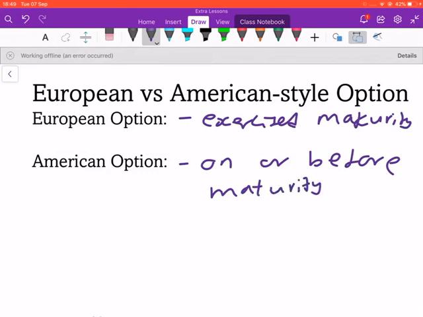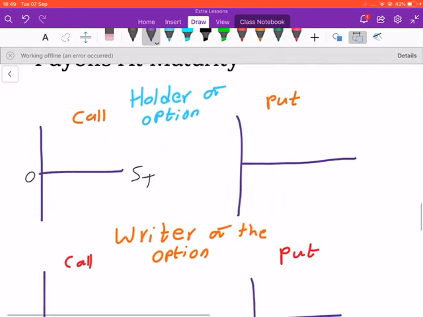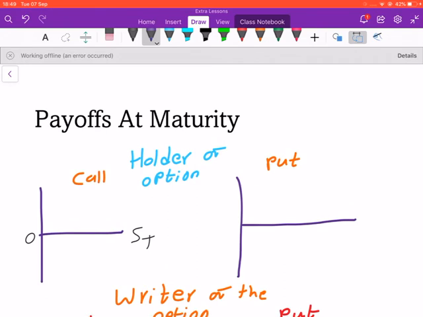So depending on which contract you have, the exercise time will differ. European can only be exercised at maturity, and we will be focusing mostly on the European style options.